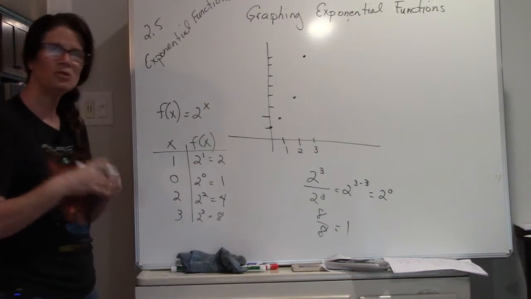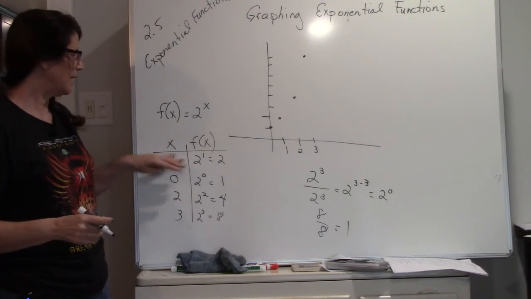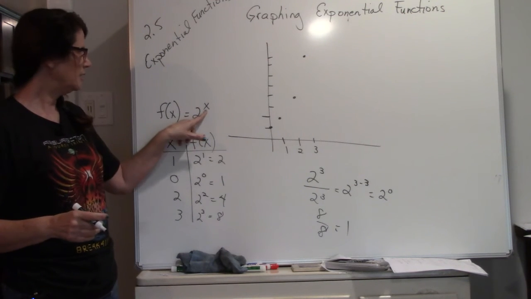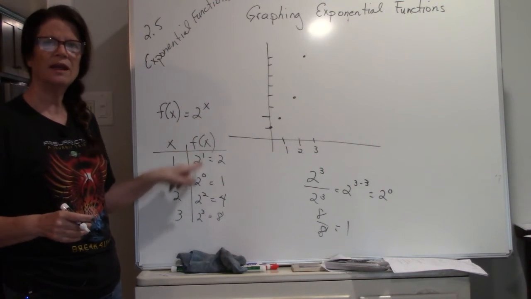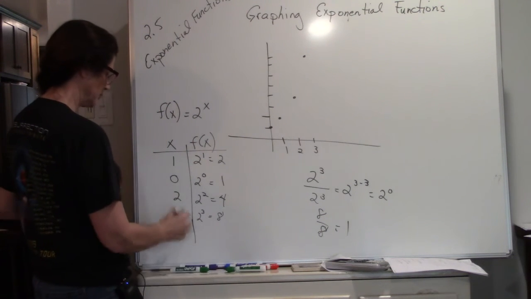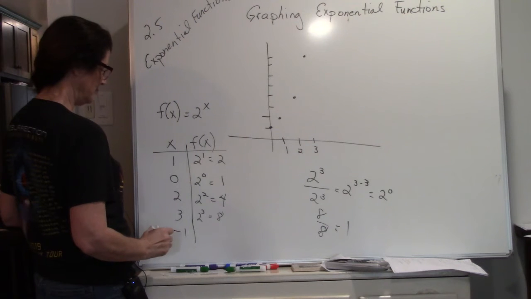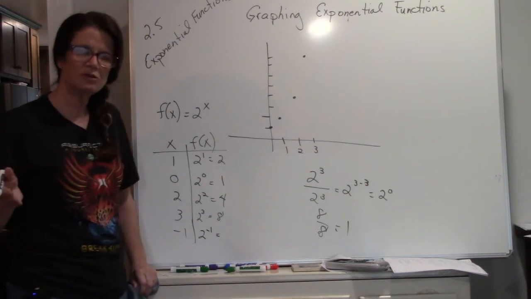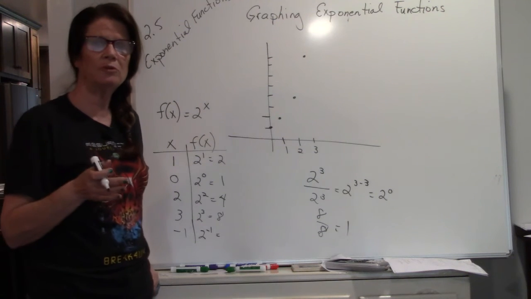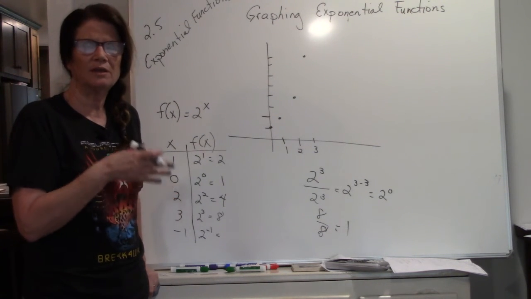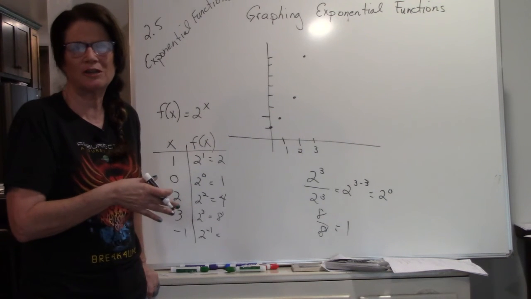Okay, so all I'm doing is I'm just plotting points. And I'm picking random numbers for x, putting it into my exponent position, and then solving. Now, I can also have negative values. So if I have my x value is -1, 2 to the -1. So again, if you don't remember exponent rules, go back to the videos that I posted on exponent rules.